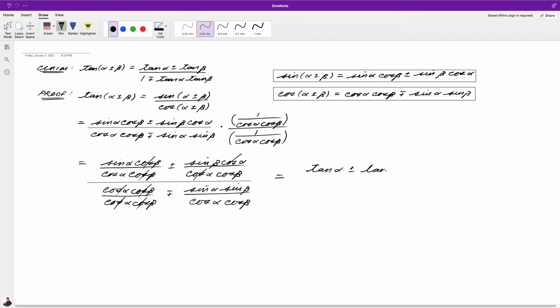That's clearly going to be equal to the tangent of beta. And then we got 1, and then we've got minus or plus, and then sine alpha over cosine alpha is tangent alpha, and sine beta over cosine beta is tangent beta. So we are done. There we go.